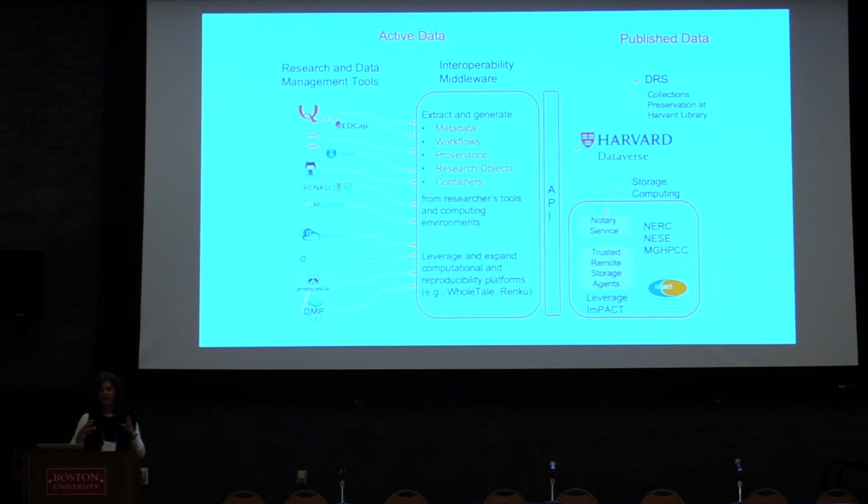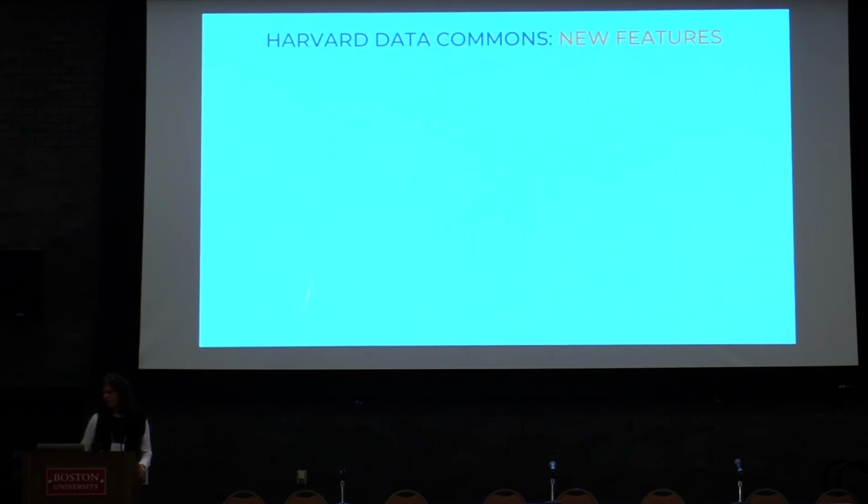You could ask for access to them. But while I define this within Harvard, you could think of another community that is Harvard and other universities, and so make that data commons larger. So the concepts still apply. And this all lives on top of NESI and NERC and MGHPCC as part of the open cloud efforts.